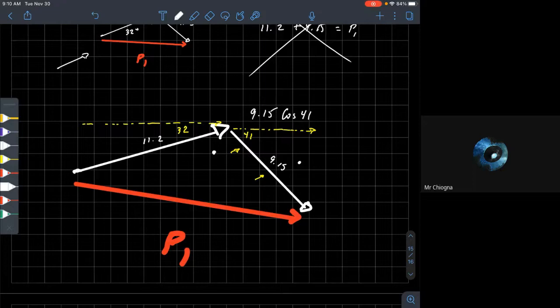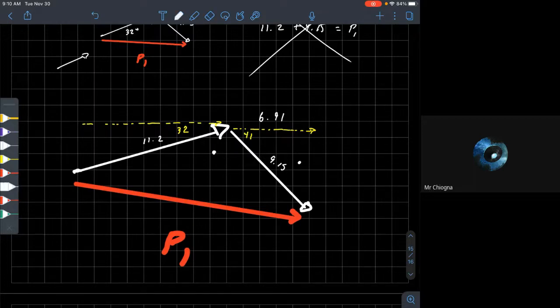I'm going to erase this because it just gets too messy. So 9.15 times cosine of 41 is 6.91. That's the X component of my P2 prime.